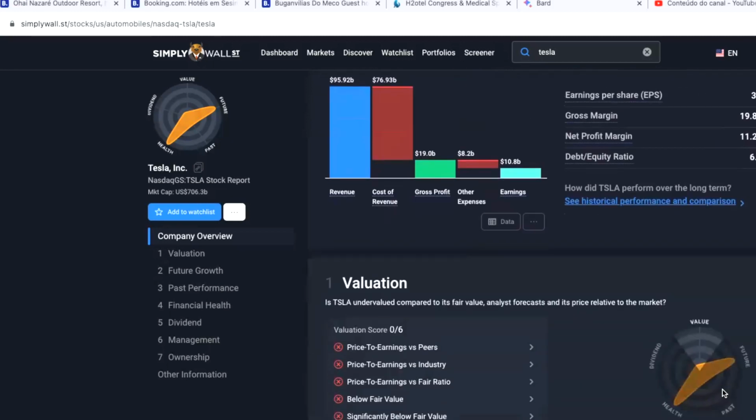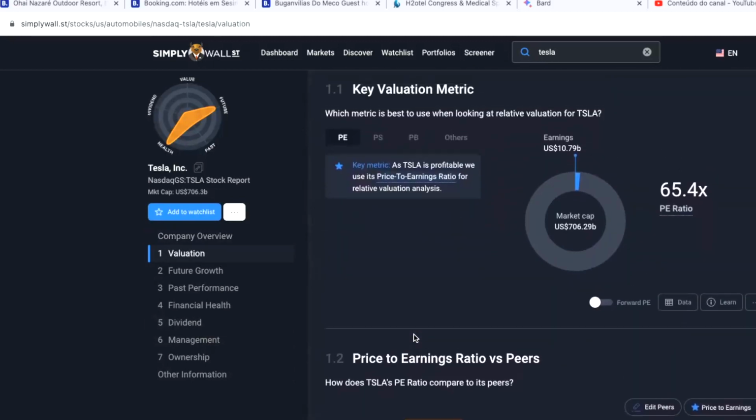Another aspect that I look at, which this company doesn't have, is the dividend, and I also look at the price to book ratio. Most of the time when I look at the PE ratio, I also write down the forward PE ratio.